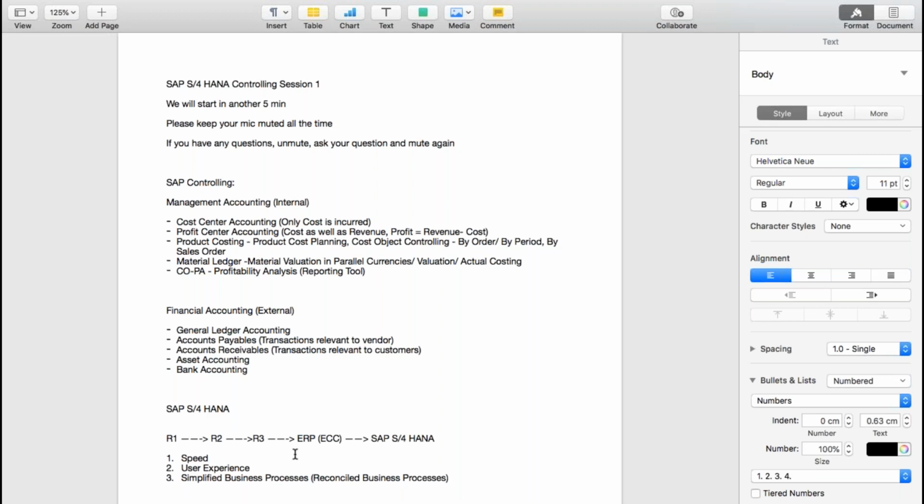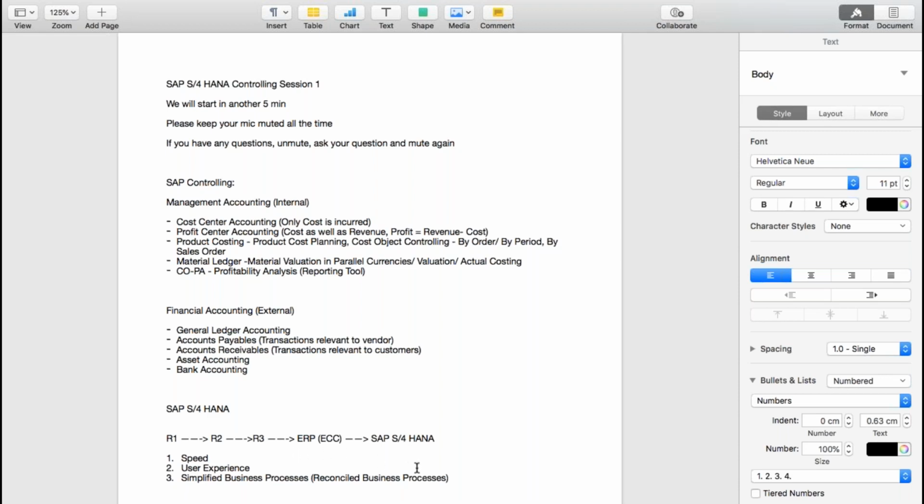The problem is that the figures are updated in one table, but due to some technical reason the figures are not updated in the second table, or maybe you need to carry out the period end activities. Till the time you don't carry out the period end activities, your FI and CO results will not match. So that is a reconciliation issue. You need to find out what went wrong, why FI is showing different results and CO is showing different results.